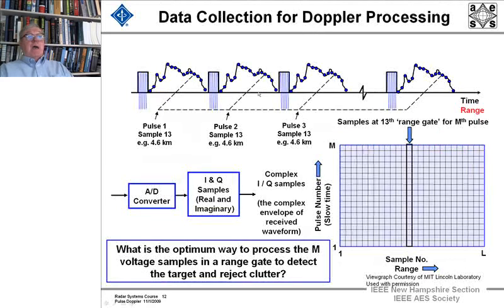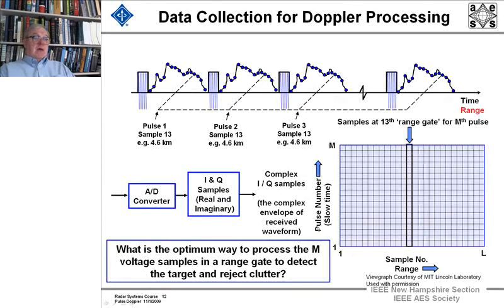Okay, now here we go back to our diagram. I'll just assume you remember these things. We take the data. Remember, these are the complex samples that go through the A to D converter, the real and imaginary parts of the data. It's those samples which together make up the complex envelope of the received signal.